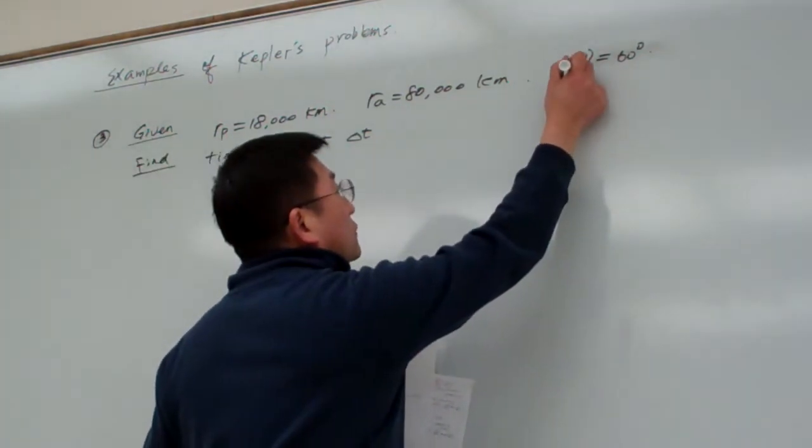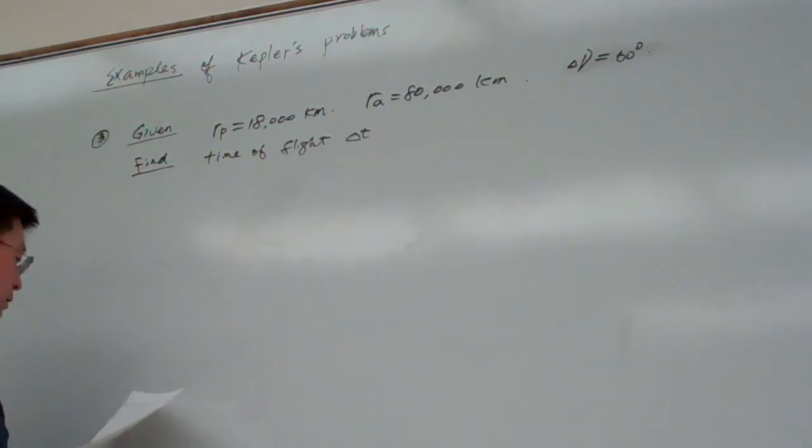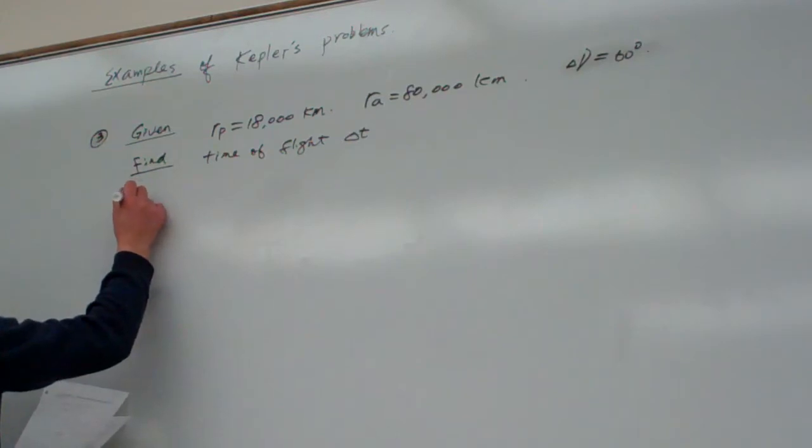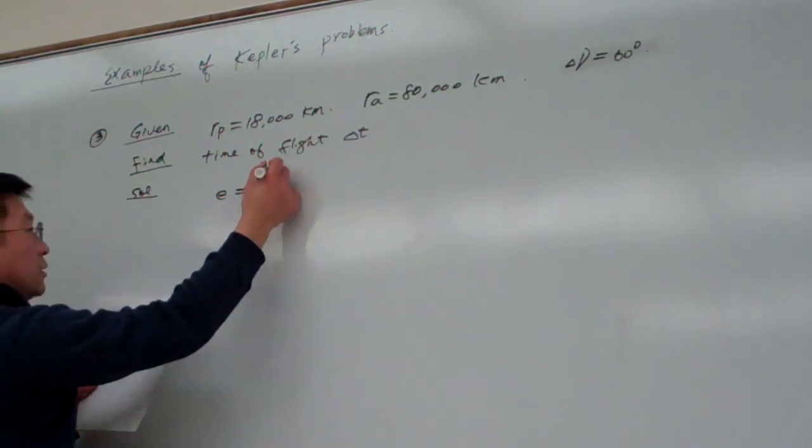Everything is new data. Okay. So from here, we have to determine the orbit E equal to RA.